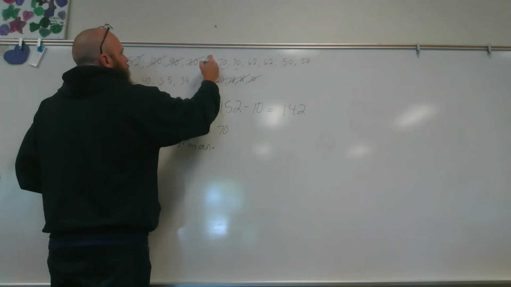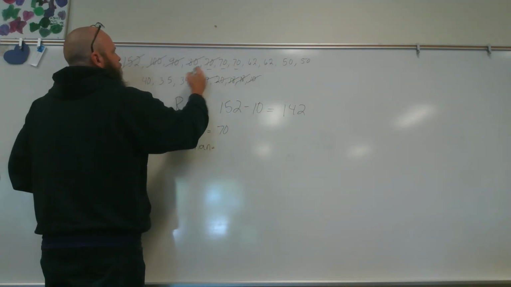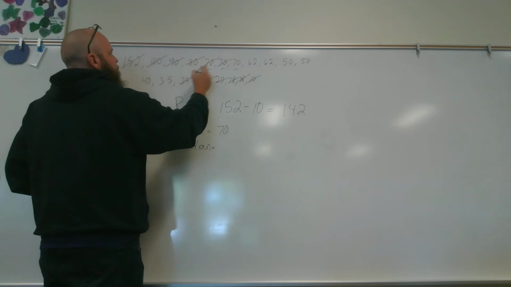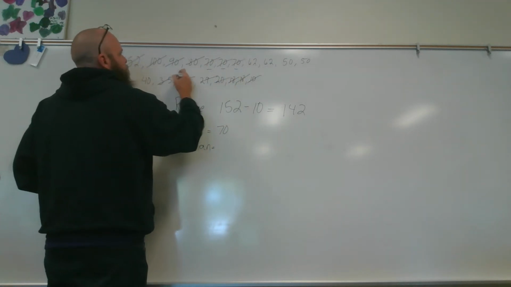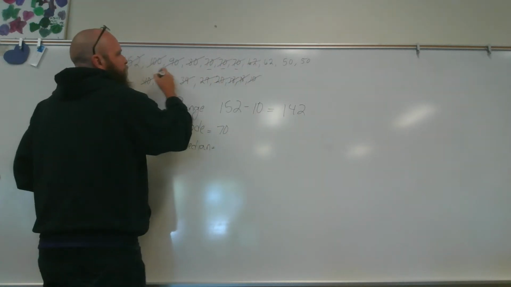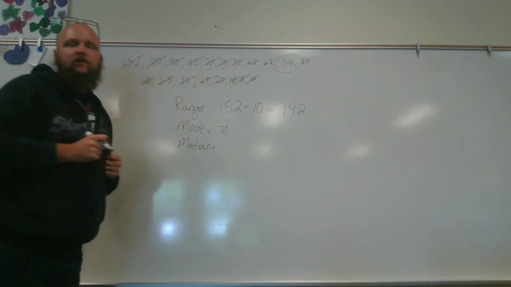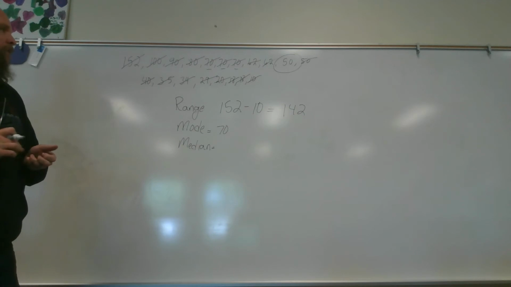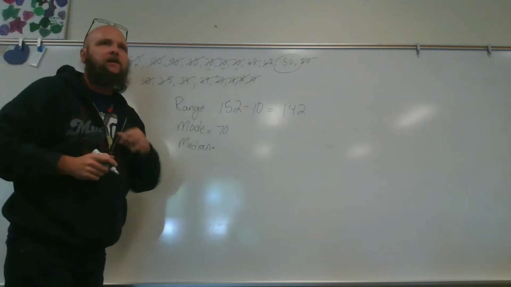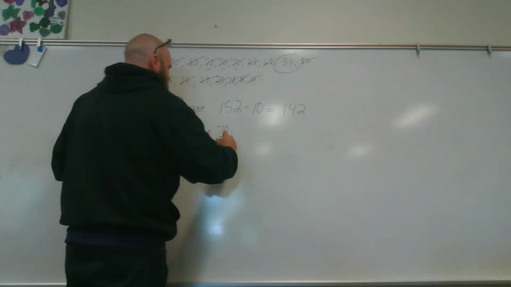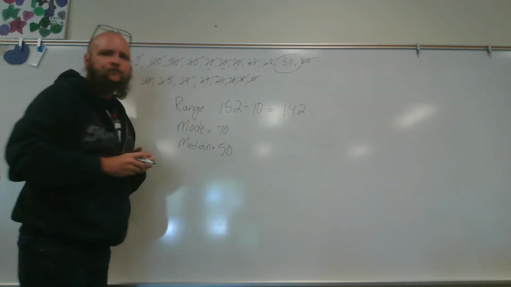Now, there may very well be 2 numbers in the middle. In this case, there's not. There's 1 number in the middle. The 1 number in the middle is 50. Therefore, our median is 50.